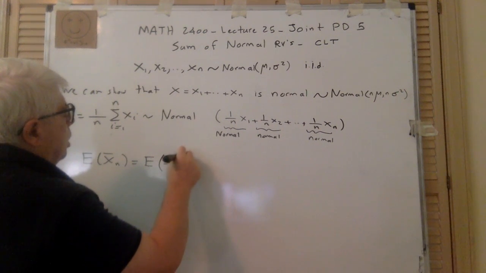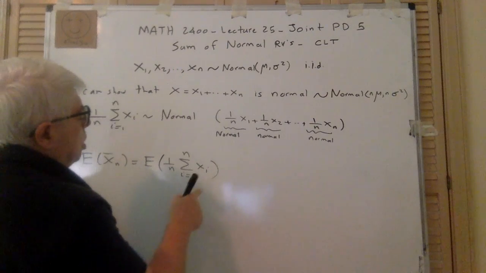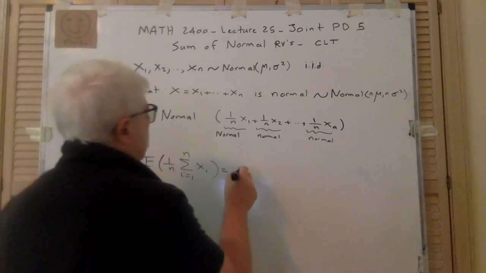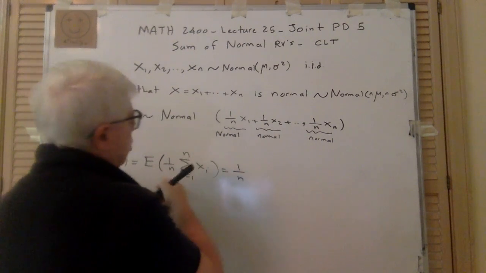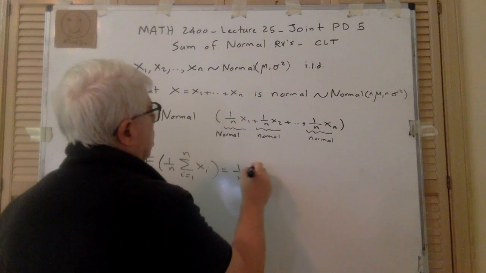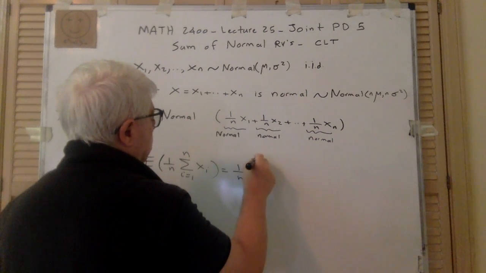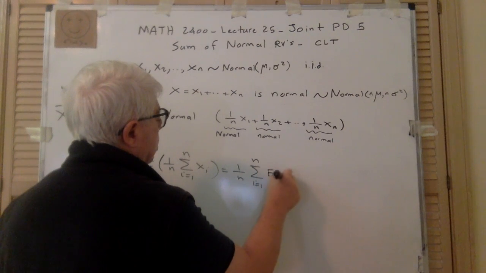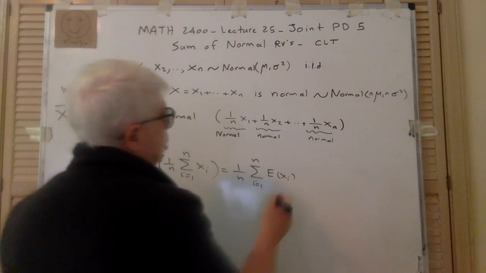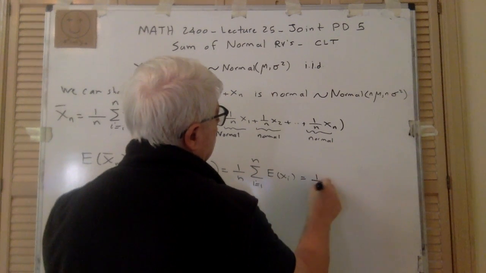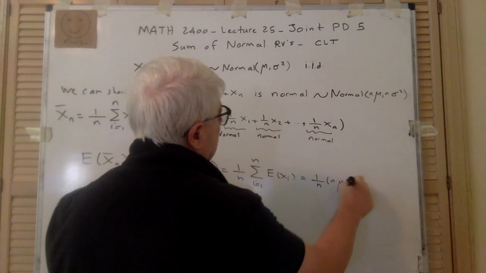We know that expected value commutes with summation, so the 1 over n is a constant that comes out, and the sigma can be written out of here. And E of xi is mu, so I have 1 over n times n mu, which is mu.